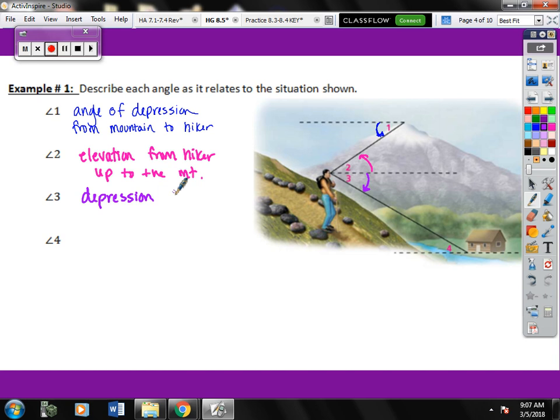And this is going to be from the hiker down to, I don't know, the house, the cottage, the cabin, something like that. Or you could say down to the stream, something down at the bottom. And then our last one would be, Chet, what do you think for 4? Elevation. Elevation. Good. Going from the cabin up to the hiker.